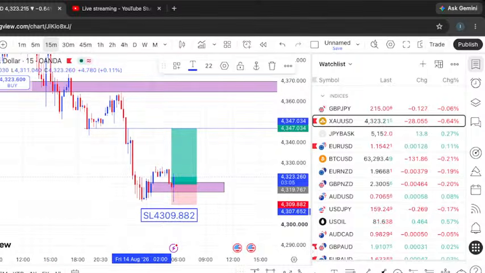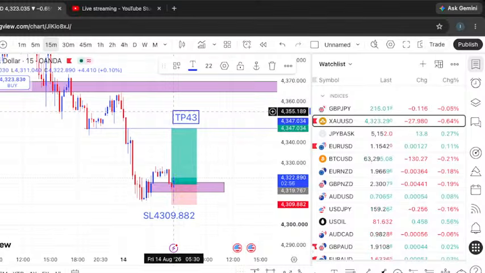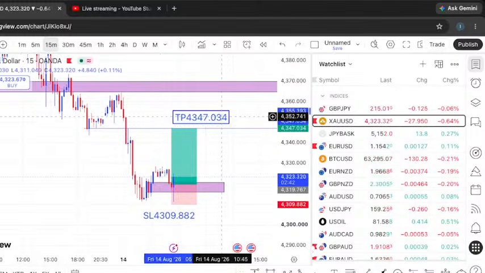TP at around 43.47. So I do see some very strong buys on gold.